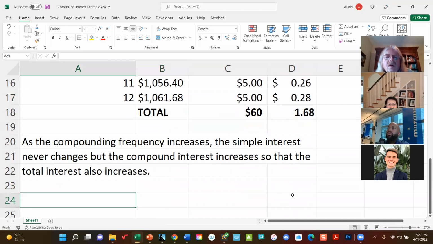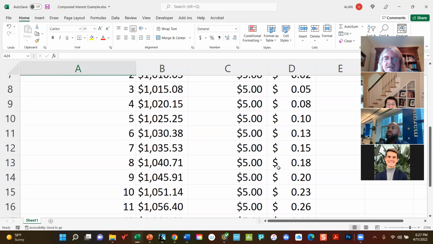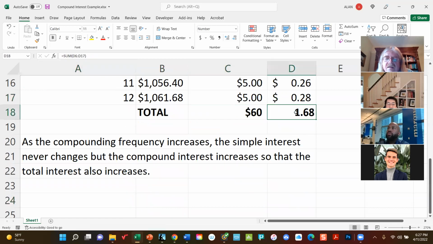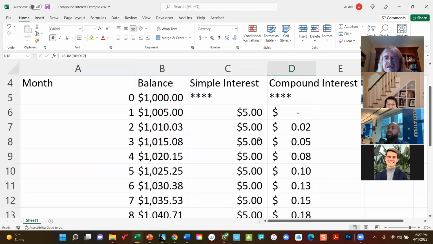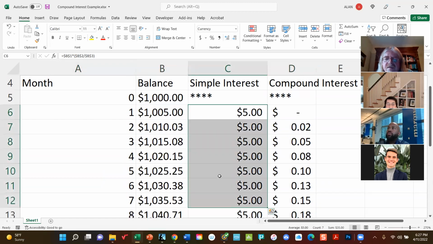Okay, so now it may not seem like a lot, by the way, $1.68 versus $60. But if you leave the money in this bank account long enough, eventually the compound interest will be worth more than the simple interest. You can see that the simple is always 5.